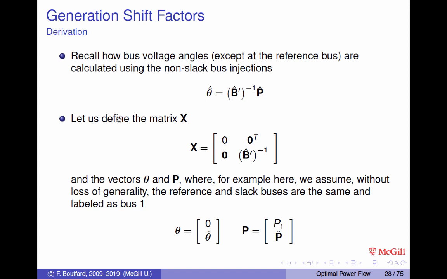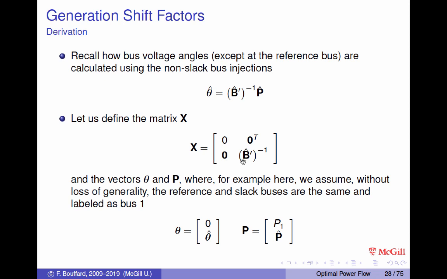We'll define now a new matrix X, as the inverse of the B prime matrix hat, and we're going to pad it with a row of zeros and a column of zeros here.